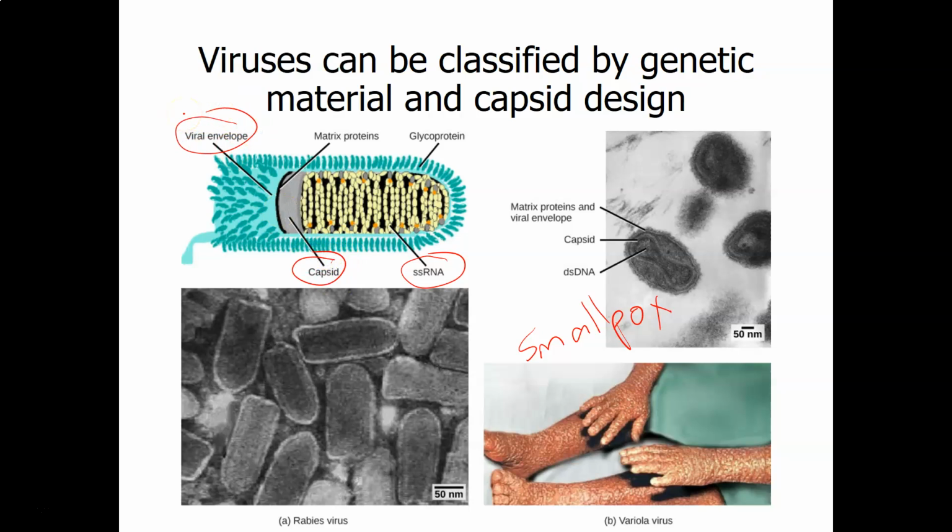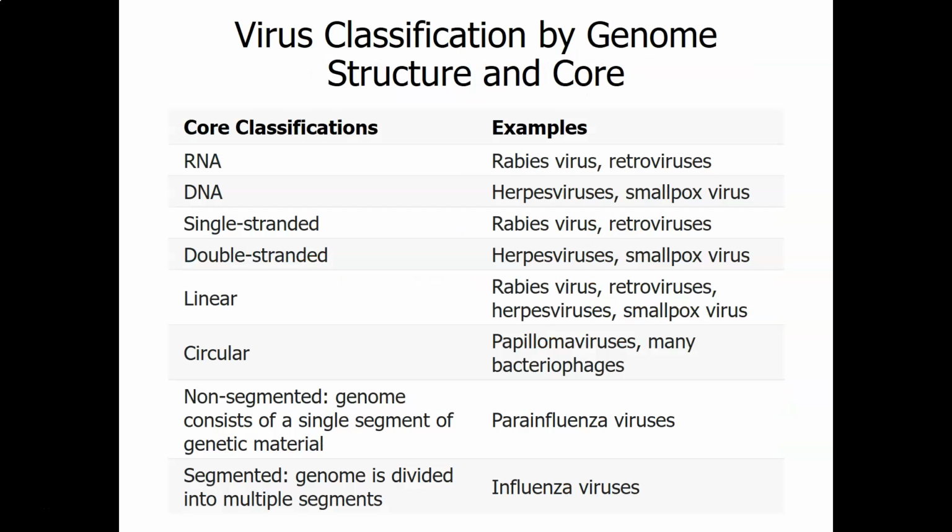And then the variola virus is a double-stranded DNA virus with a capsid and an envelope. And if you've never seen what smallpox looks like, because we very rarely have, and smallpox has been eradicated in our world. And so, thank goodness we don't see this. We don't get to see people with smallpox like they did years ago.